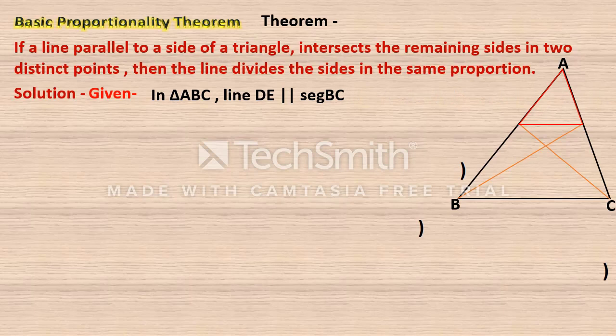In that triangle ABC, we draw line DE, which is parallel to segment BC. That line DE intersects AB at point D and intersects side AC at point E. That line DE is parallel to segment BC.